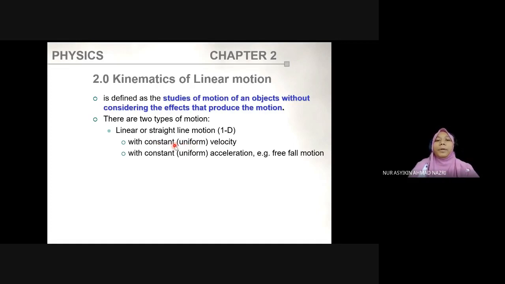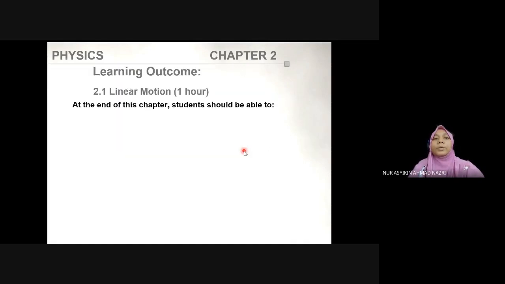Alright, or we have one dimension whether dia horizontal saja. Okay. Ataupun one dimension vertical motion. So basically we're referring to case yang free fall punya motion. Alright. So and then kita ada projectile yang ni bukan lesson untuk hari ni. Today we're going to see linear motion sajalah.